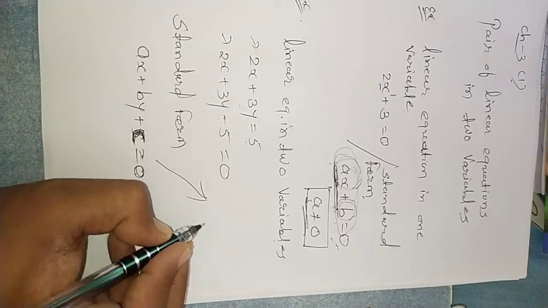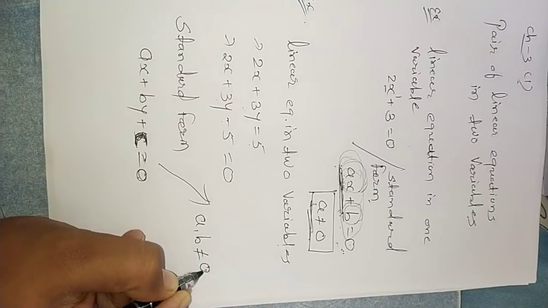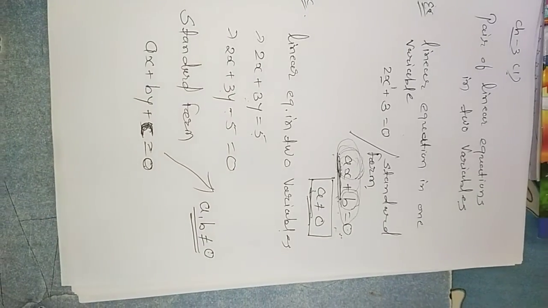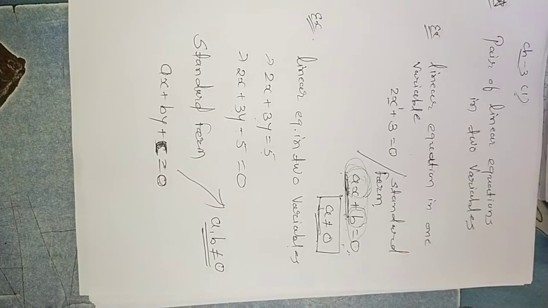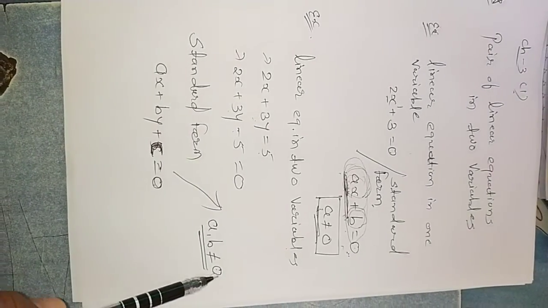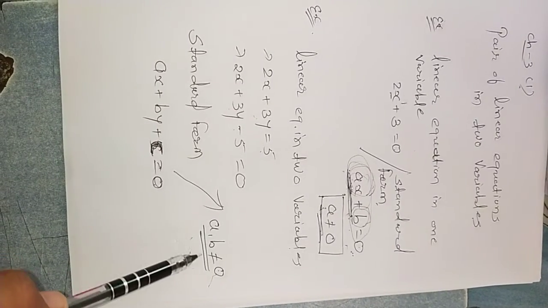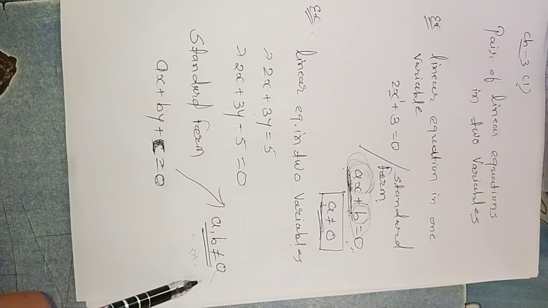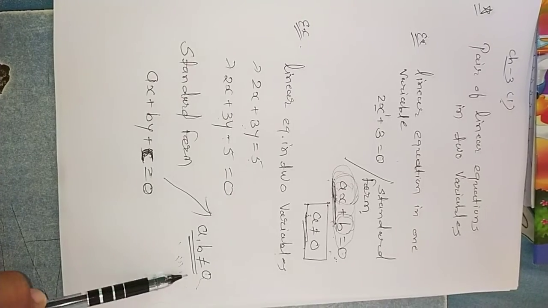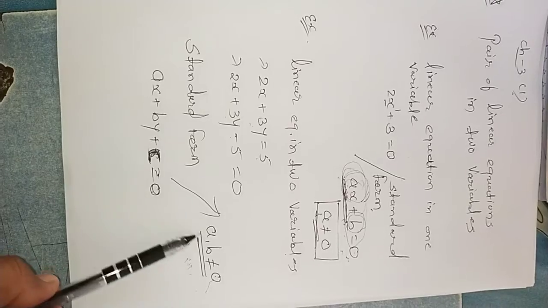Remember that a and b are not equal to 0 simultaneously. It means they cannot be 0 at the same time in a single equation.